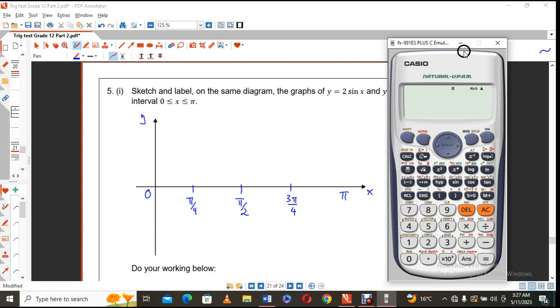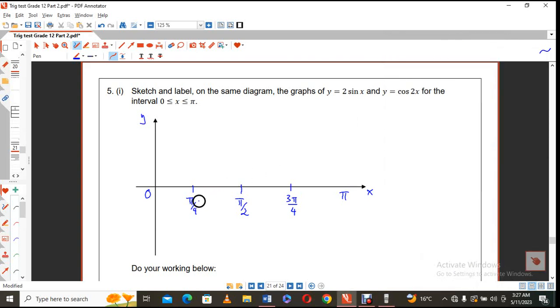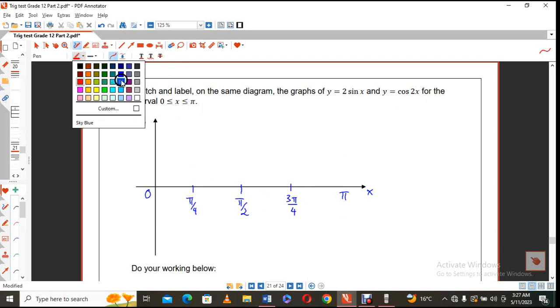So in degrees, for example, this is 90 degrees, this is 180 degrees, this is 135, and this is 45 degrees. Of course, we are given our domain in radians, so we are not going to deal with angles in degrees here, right? But I have chosen those to be my key angles for now.